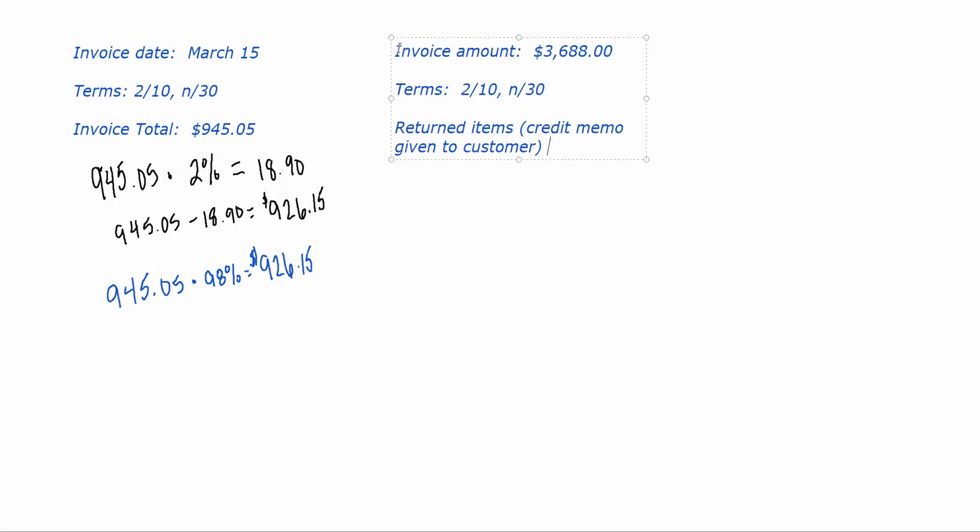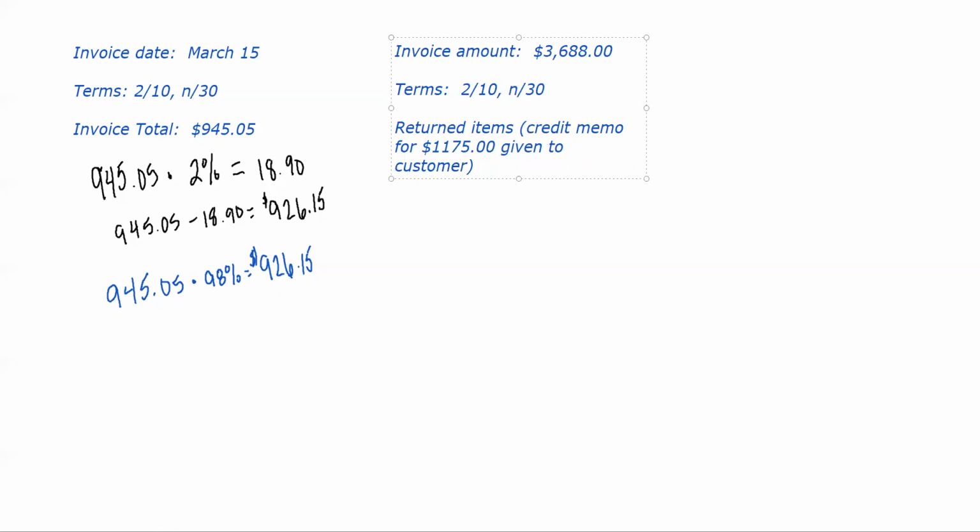So the invoice amount is $3,688, and the return amount is $1,175, which was given on an invoice to the customer.